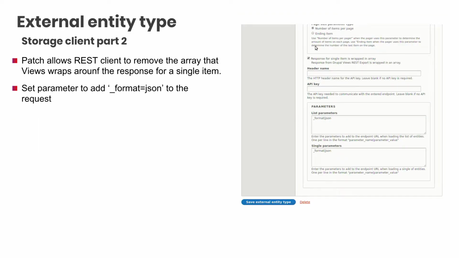So further down that entity type page, I need to put format JSON in the parameters, and this checkbox here is telling the module that we need to remove the array in the response. This is a patch that I posted to the issue queue a few days ago, because it just didn't seem necessary to have a completely new storage client just for that small change.